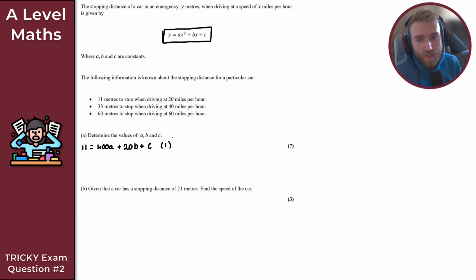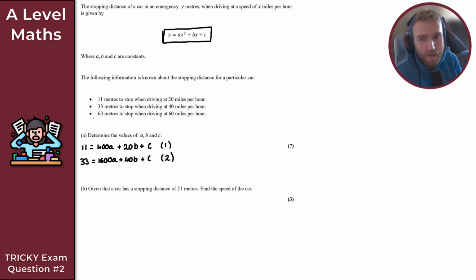We then have our second equation. y is 33, and this is equal to 40 squared, which is 1,600, so we get 1,600a plus 40b plus c. Let's label that as equation 2.